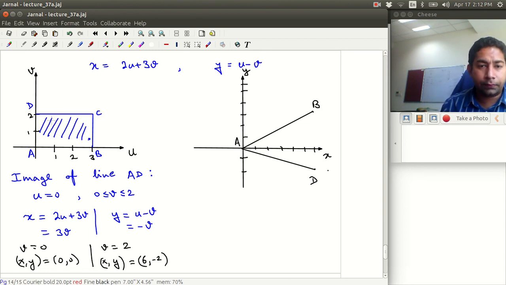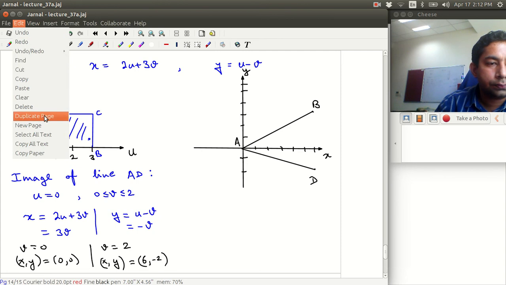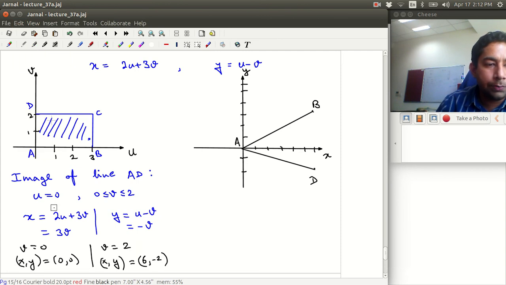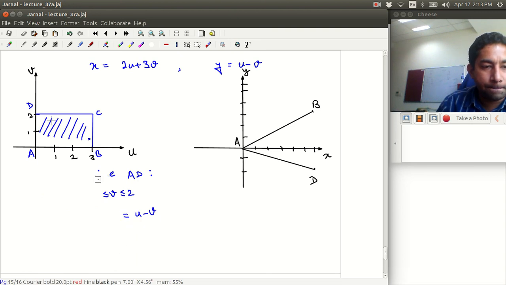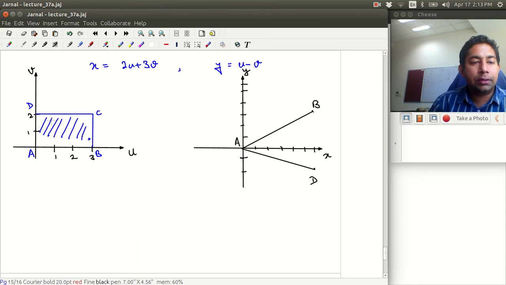Okay, so if you keep repeating this process, once you find the image of the line DC and BC as well, what you will realize is that the image of this rectangle in the xy coordinate becomes a parallelogram.